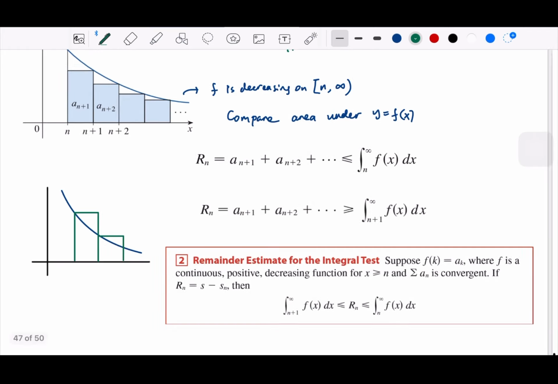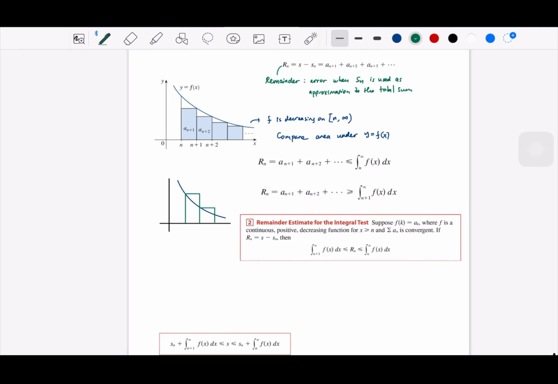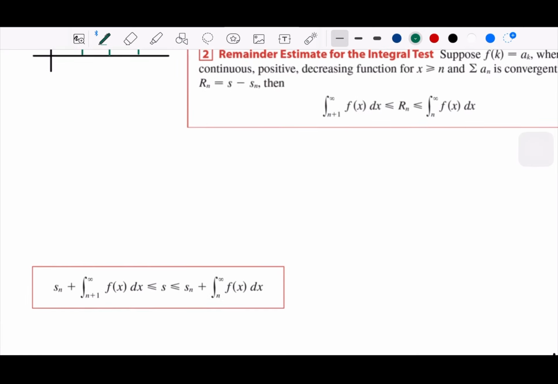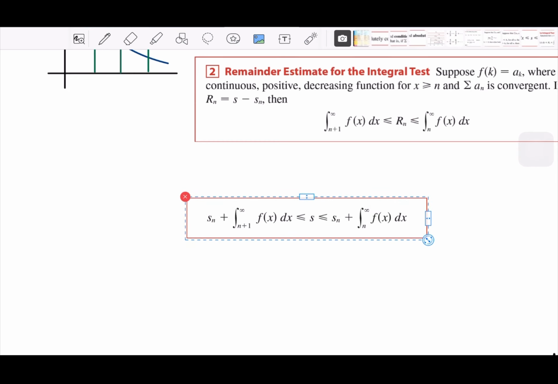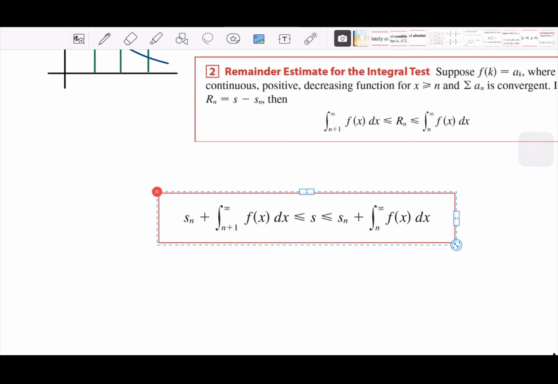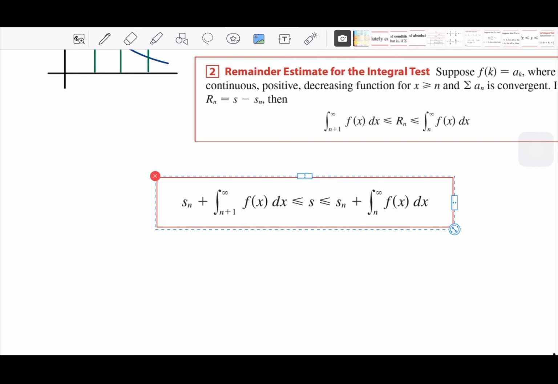And also another way to look at it is we can take the same inequality, but make it into, so we add Sn to all the sides, then the Rn becomes S, okay?